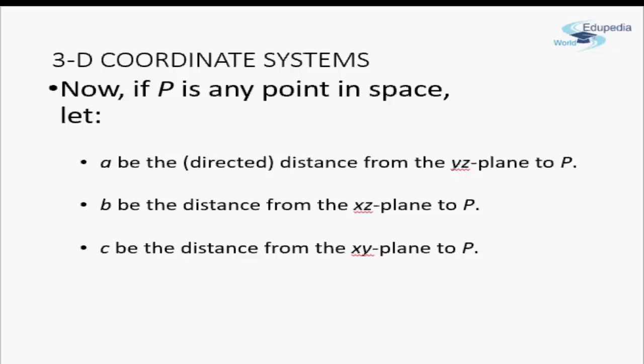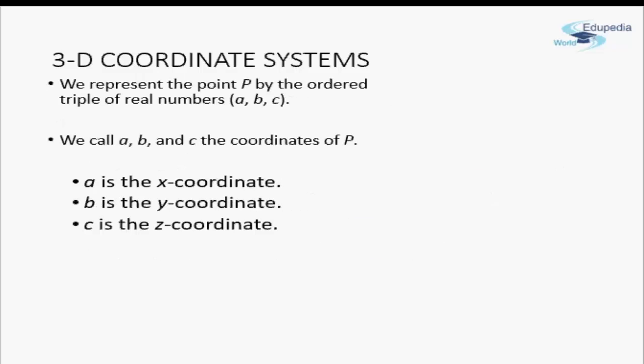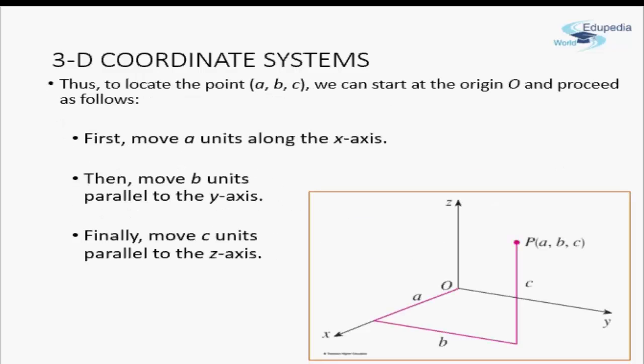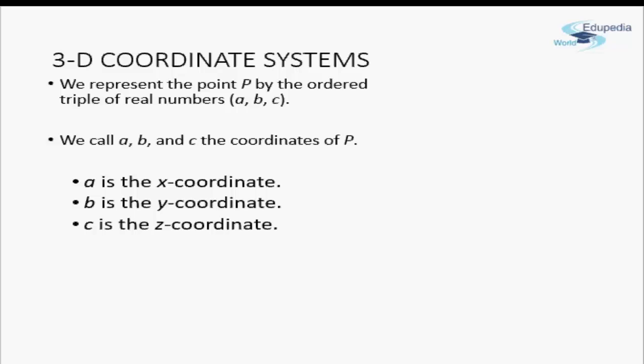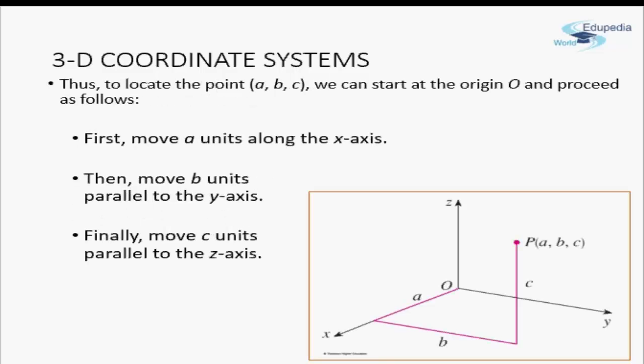Now this was only to show you how you should visualize a 3-dimensional coordinate system. If you want to actually understand how this happens in the x, y and z axes on the graph, this is how we're going to do it. So you see, we have 3 points over here, A, B and C. Basically they represent the x coordinate, the y coordinate and the z coordinate.